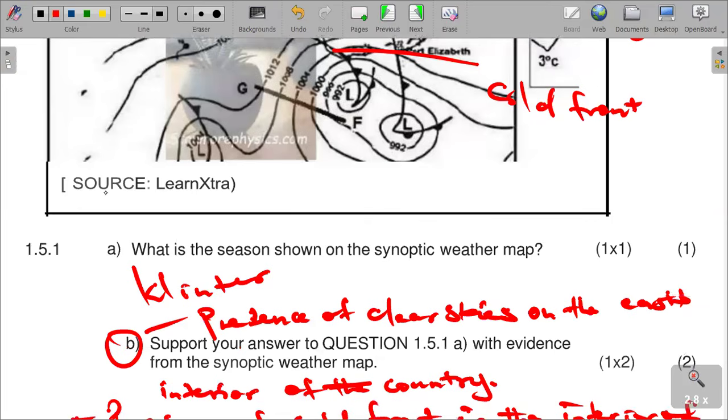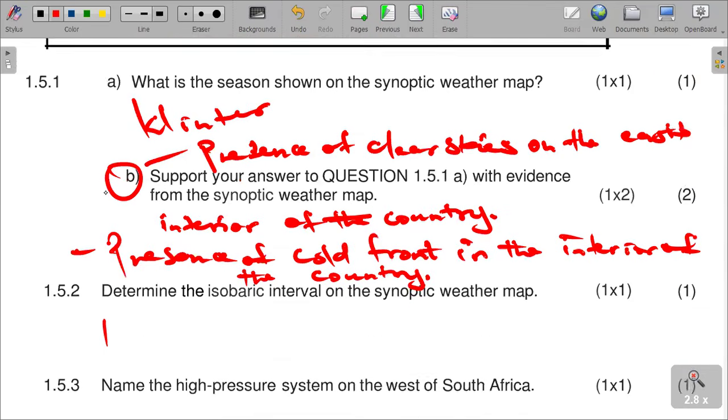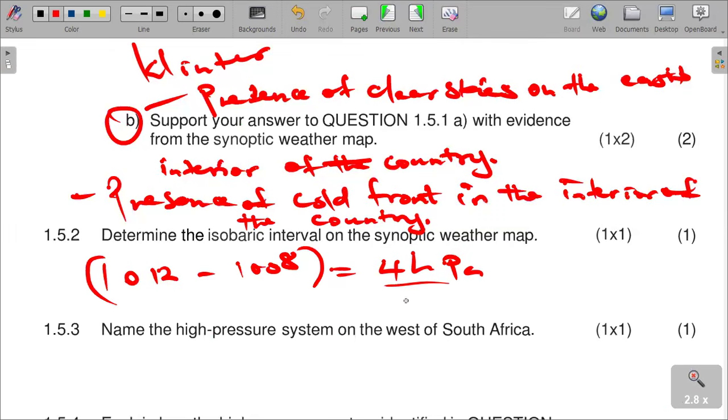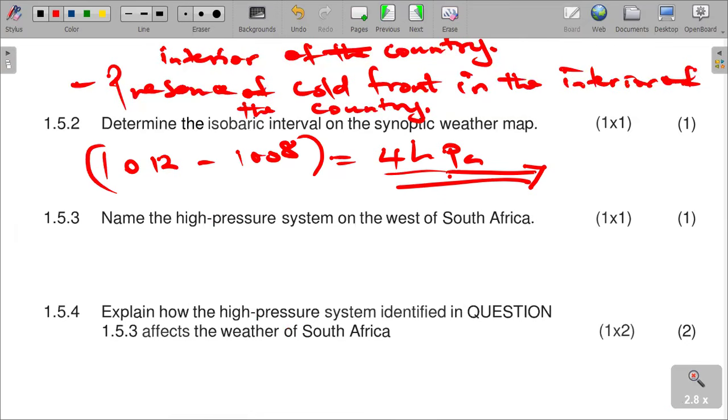It is 1012 minus 1008. That is the isobaric interval, which is 4 hectopascals. You can even also say 1008 minus 1004, and you will see that is 4.